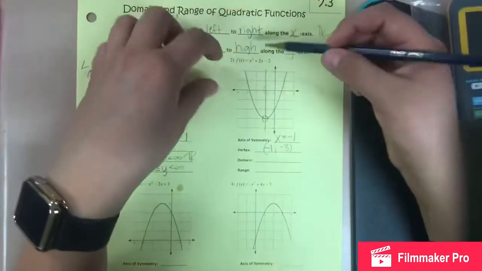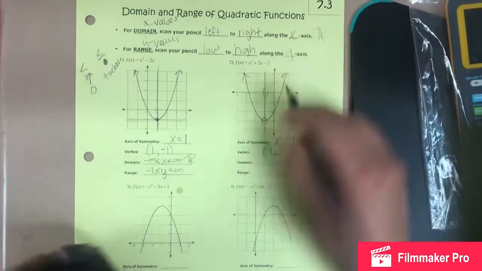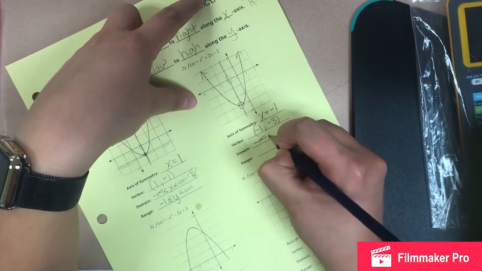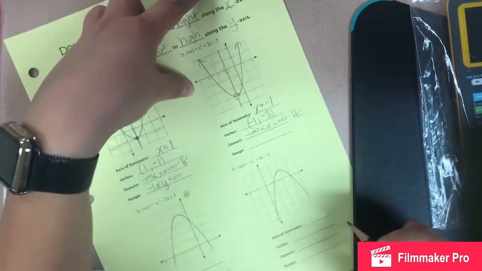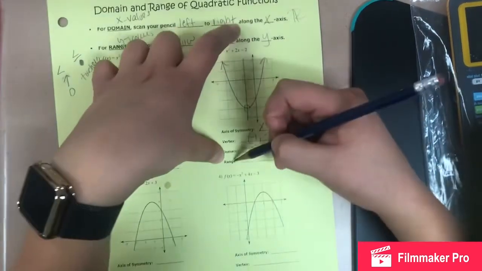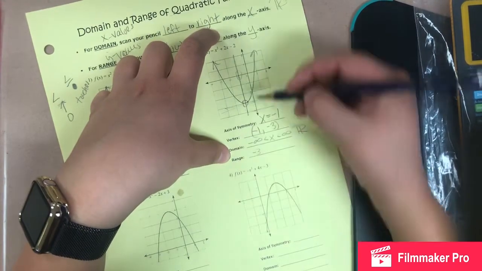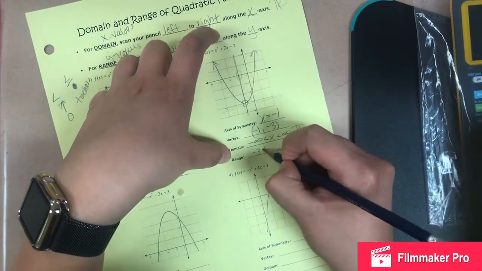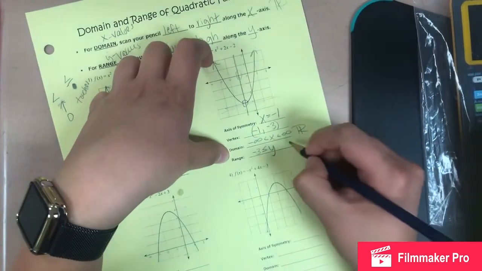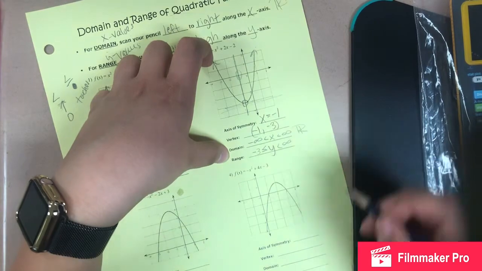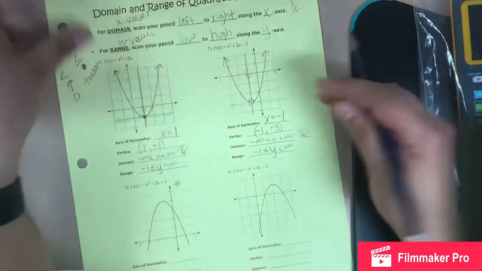Domain, like I said, on your problems today, it's going forever to the left, forever to the right, so negative infinity to positive infinity, which is just all reals if you want to use a shortcut. The range is low to high, so how low does it go? It would be negative 3. It touches and bounces back, so it's less than or equal to y. And then how high does it go? It's going to go forever and ever up, so parentheses, positive infinity, less than.